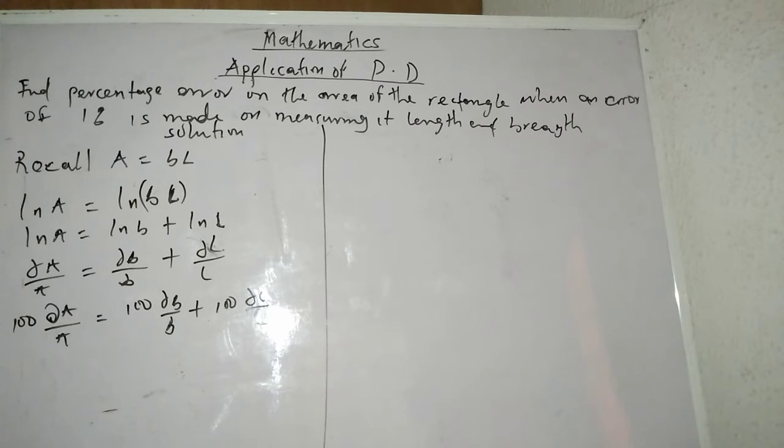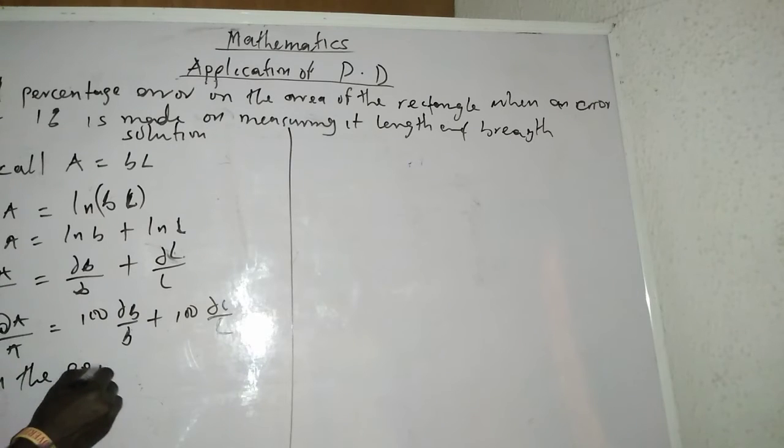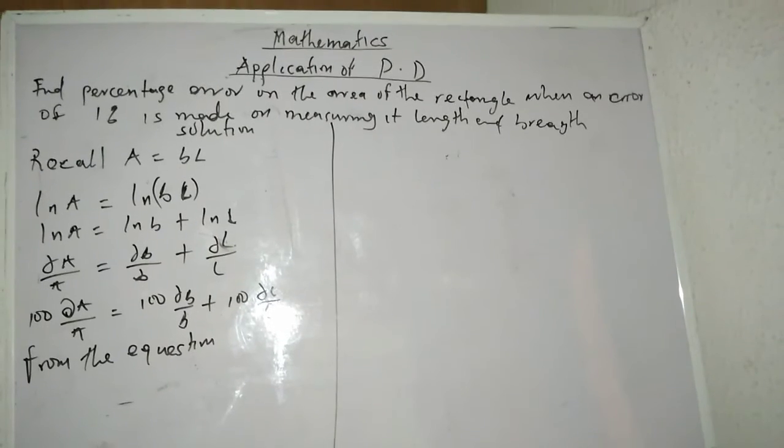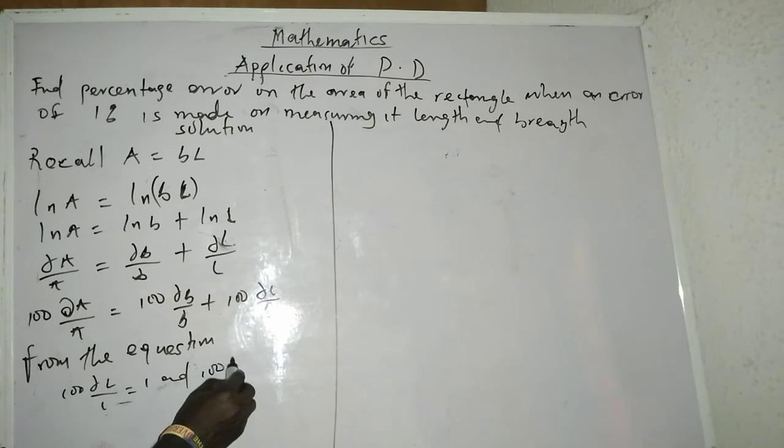From the question, they were telling us that my percentage error on L equals 1, and the other one of breadth equals 1.